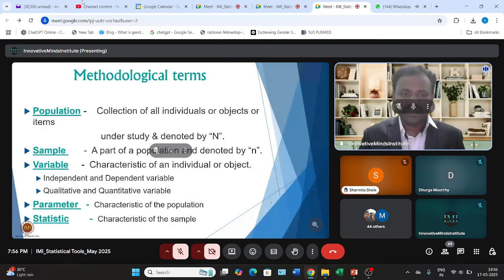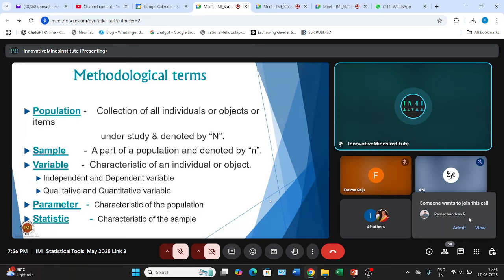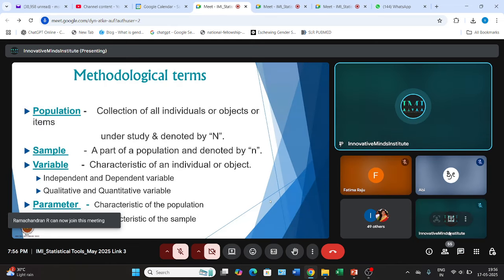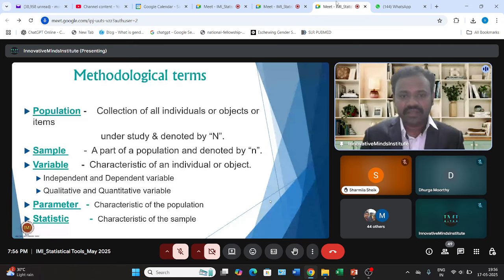So in a research title, surely you will have your variable, most probably your dependent variable, and the respondent and the place. Nowadays place is not much important. But surely you will have a dependent variable in your study, whatever discipline you are from. So check it out.